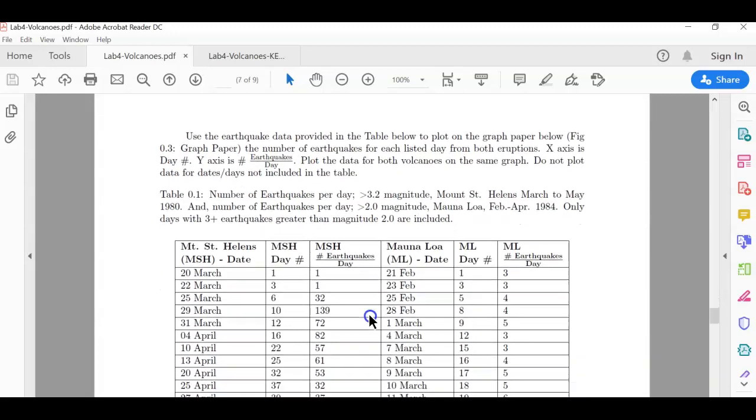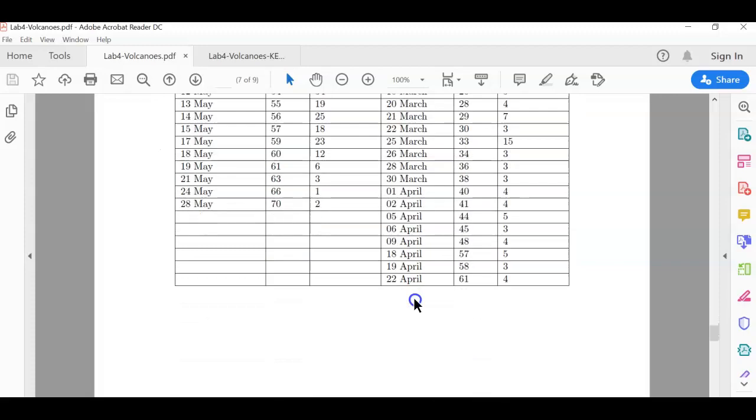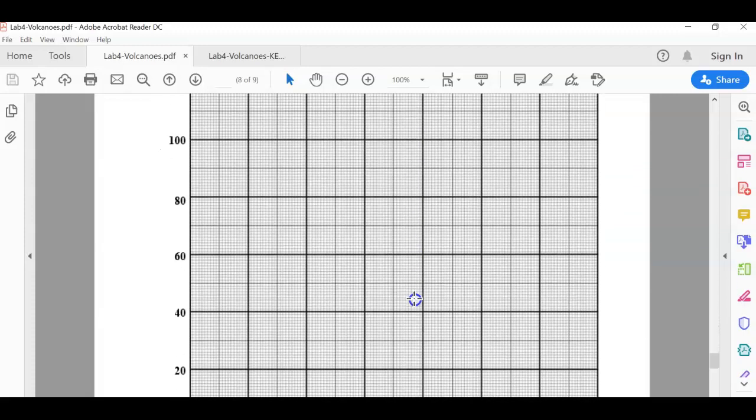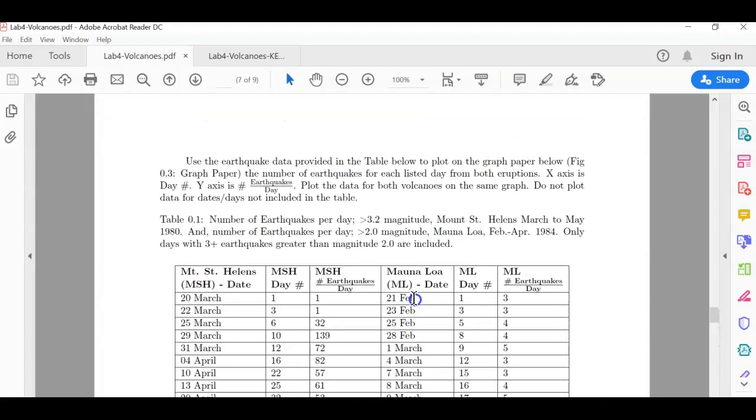All right. So now I'll help you a little bit with this next part. Use the earthquake data provided to you in the table below, so this table, to plot on the graph paper below. So that would be this graph paper. Okay? So what you're going to need to plot on that graph is the number of earthquakes for each listed day from both of the eruptions.